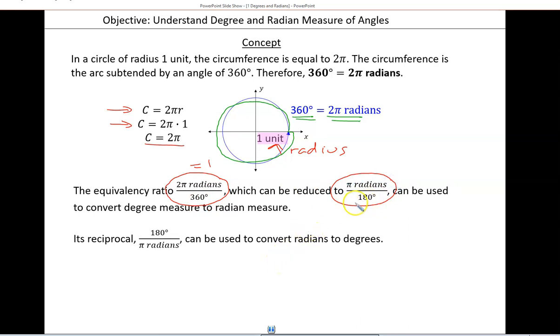Then we can do the reciprocal of that also, and that's also equal to 1. And these then become the conversion ratios we use to go from degrees to radians or radians to degrees. And which one we use is based on what we want to get rid of and what we want to be left with. Just like we have done with other measurements, like inches and feet and seconds and hours. All of those, it works the same exact way.